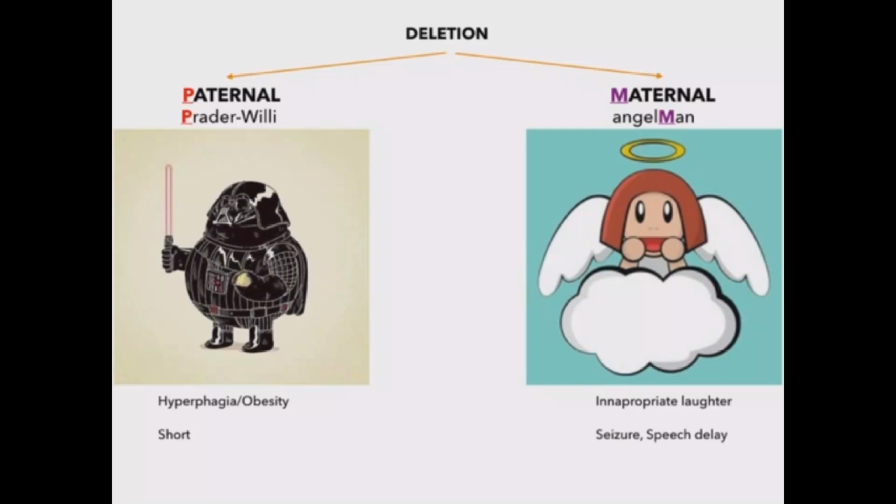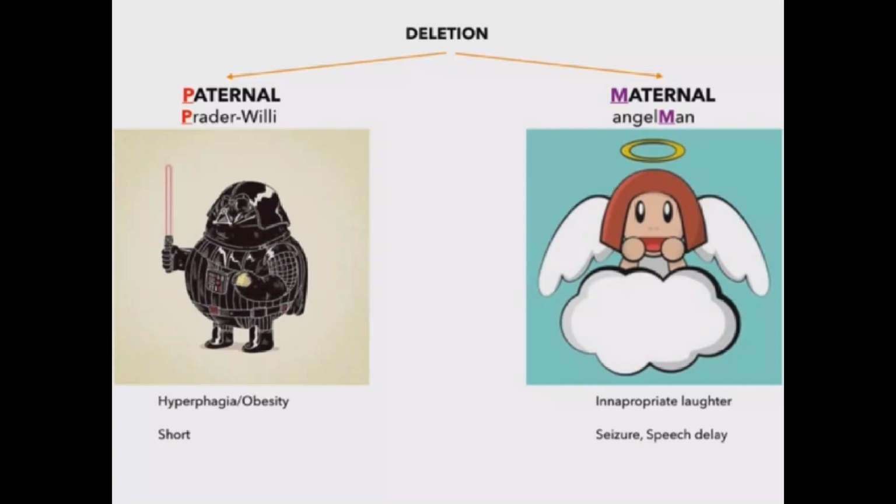So while there's inappropriate laughter, there is a speech delay. If you see the buzzword happy puppet, it's Angelman 100%. Because these patients laugh so inappropriately and they're always perceivably in such a good mood, they are referred to as the quote, happy puppet children. So anything with laughing or happy puppet is going to be Angelman syndrome.